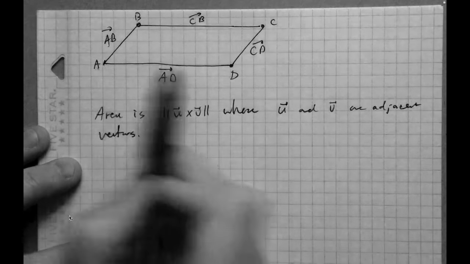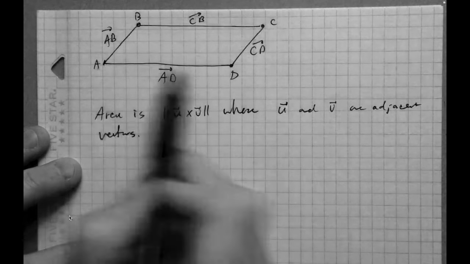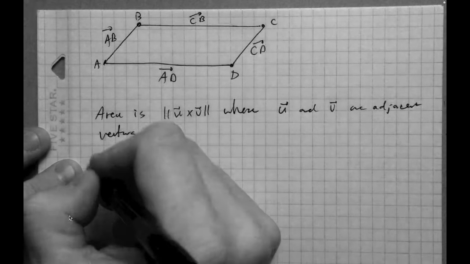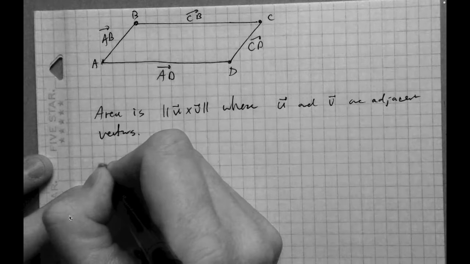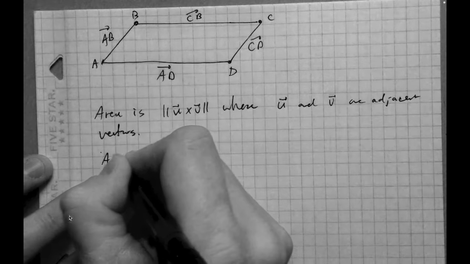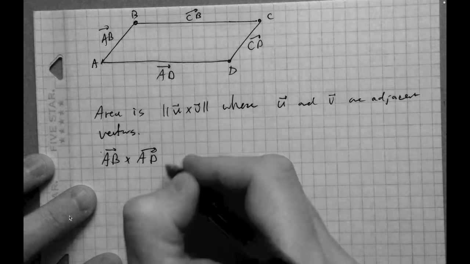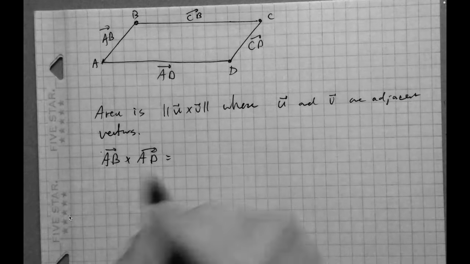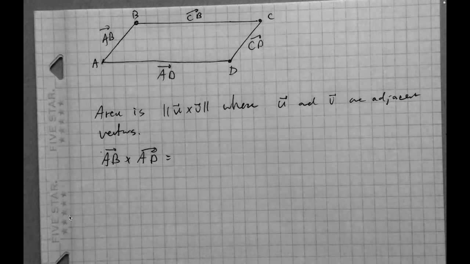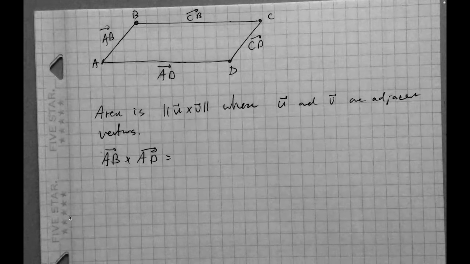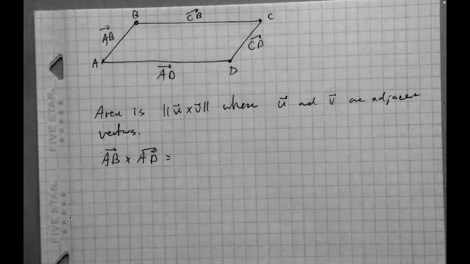So let's just run the cross product on AD and AB. Let's look at AB cross AD. We'll have to figure out what the vector AB is.